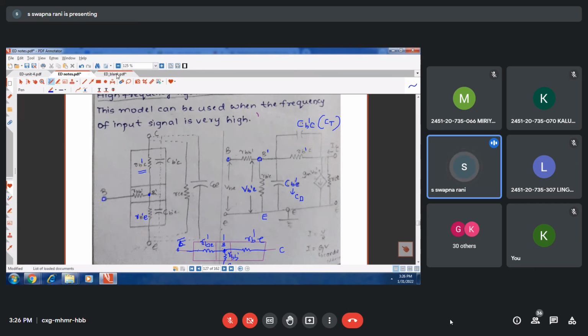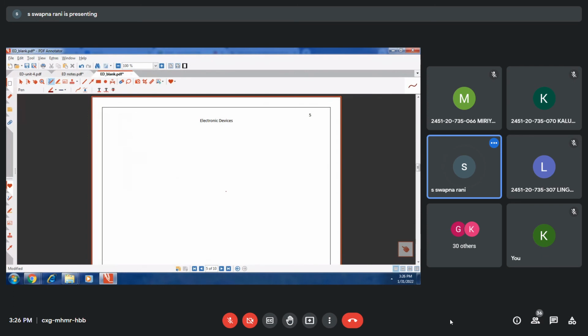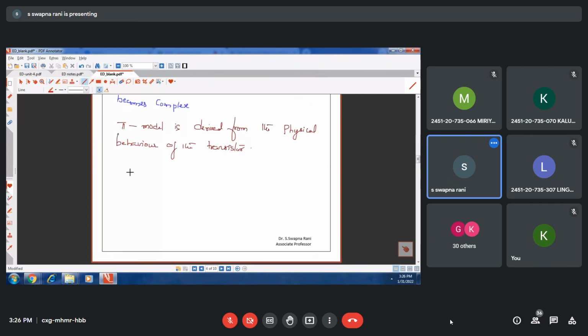I will draw here the final circuit. So first indicate emitter, base, and a virtual node I am representing.